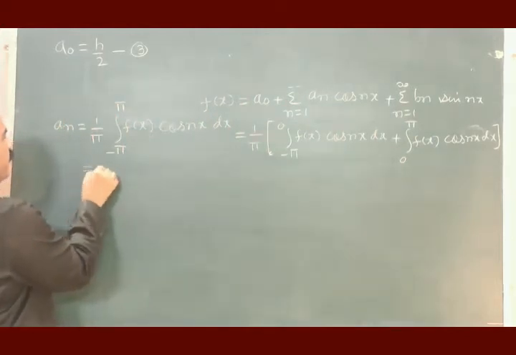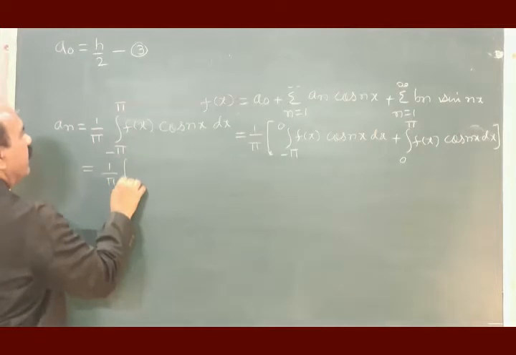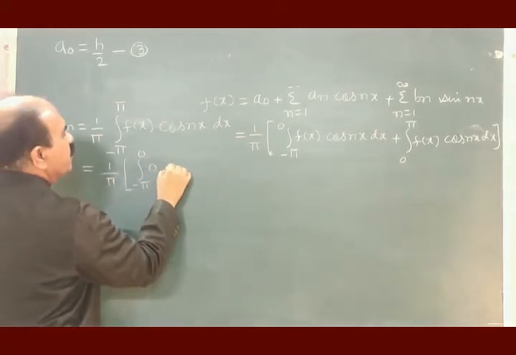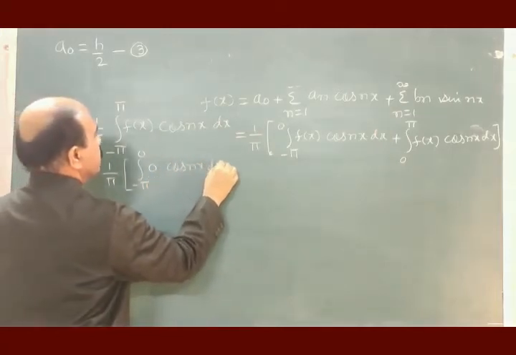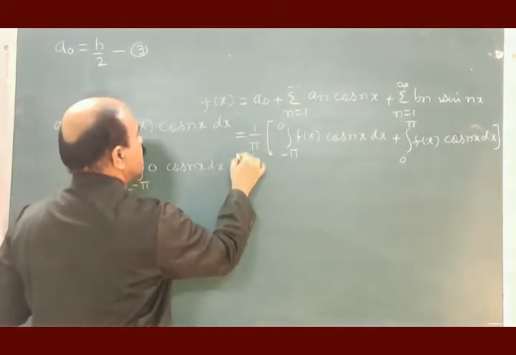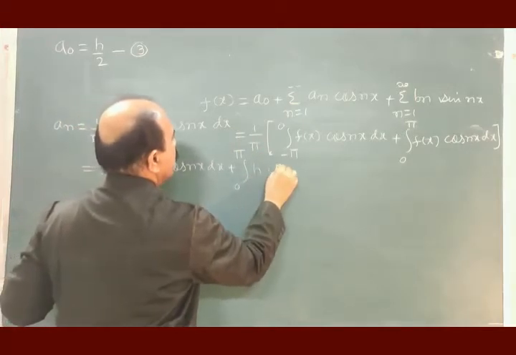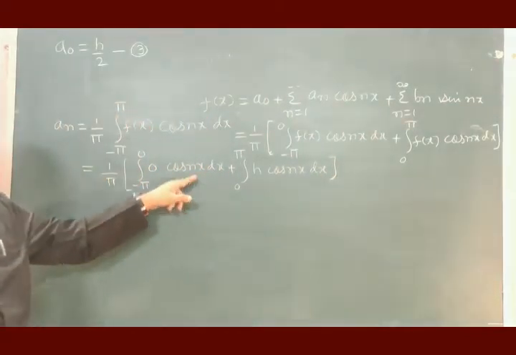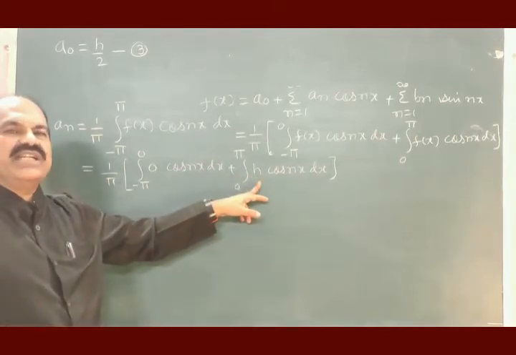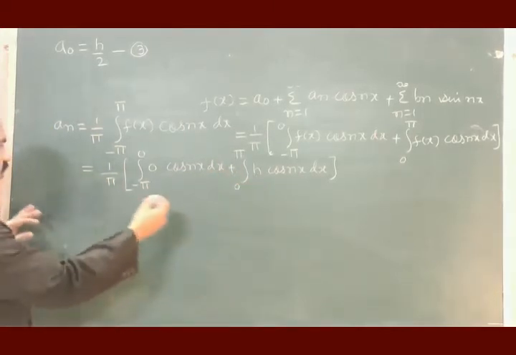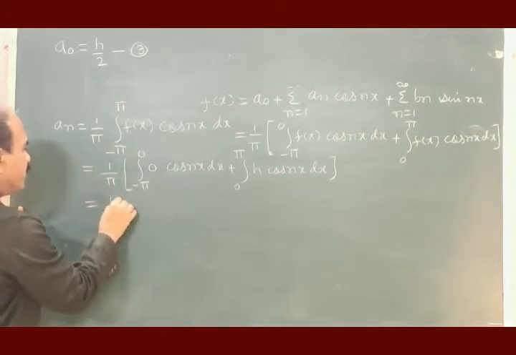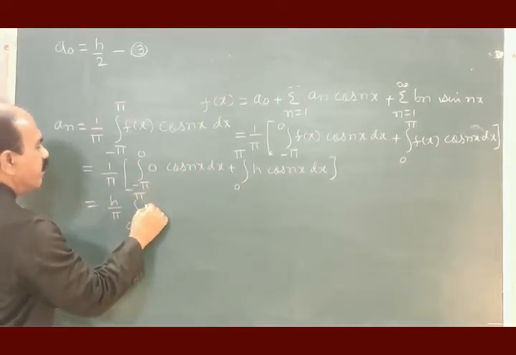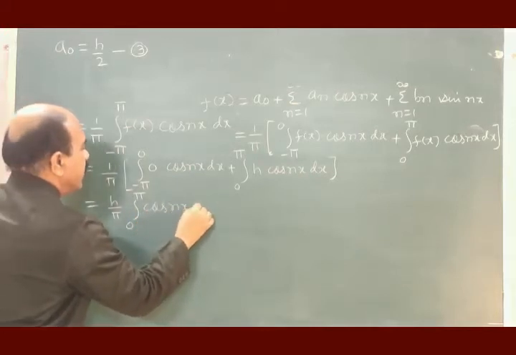This is 1 divided by pi into, in the square bracket, integration from minus pi to 0 of 0 into cos nx dx plus integration over 0 to pi of h cos nx dx. 0 into cos nx is 0, so the first term will become 0. h is constant, can be taken outside the integration, so it will be h divided by pi into integration within the limit 0 to pi cos nx dx.